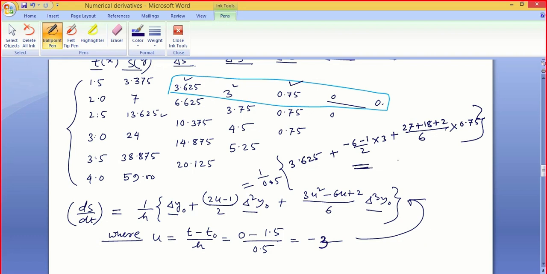That is the initial velocity, in meters per second. You will write that.